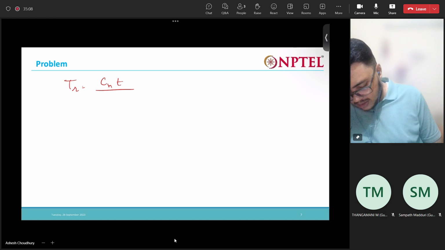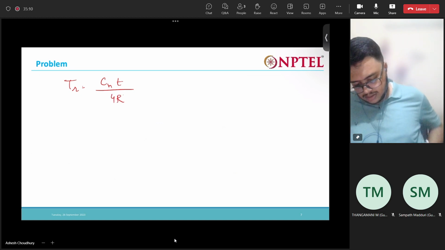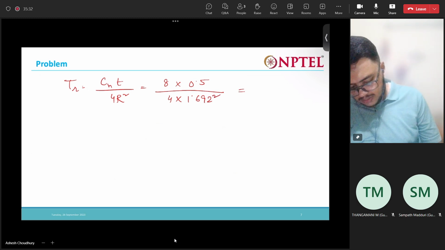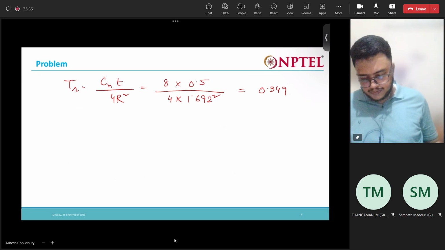It is CHT by 4R square. So remember this expression. This is given as 2.5 by 4 into R square. So this will come out as 0.9.